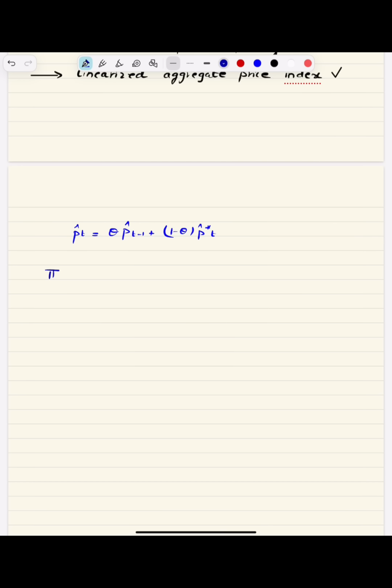So inflation is going to be defined as P hat T minus P hat T minus 1, okay? Should I tell you why though? You can just plug in the values and you'll see it is exactly equal to inflation, okay? So I want to convert this in terms of inflation.